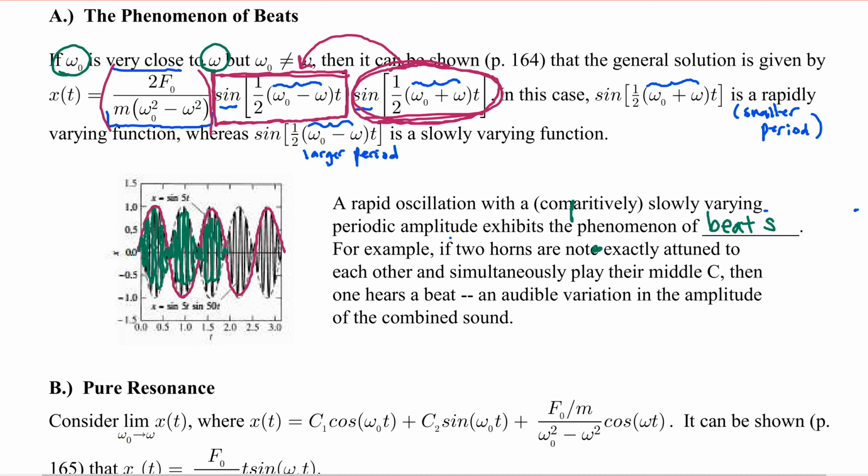So again, if the natural frequency is very close to but not the same as the external frequency, then you end up with what's called the phenomenon of beats. And that happens in music, and this would simply mean that your spring would oscillate something like this over and over and over.